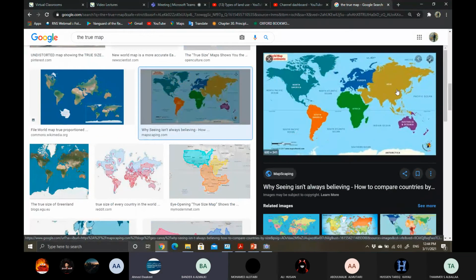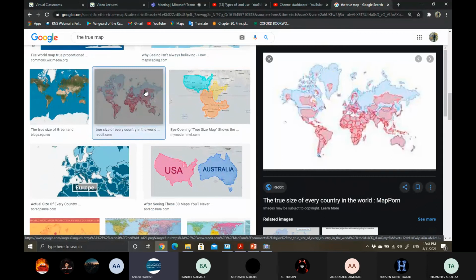That's the new one, of course, that they try to implement for us. But if you compare Greenland, for example, Greenland is half of Algeria. It's not to be compared with one country in Africa. In the map, Greenland is approximately the same size as Africa. But in the real world, Greenland is only comparable to Algeria. So that's how they are trying to trick us, guys.